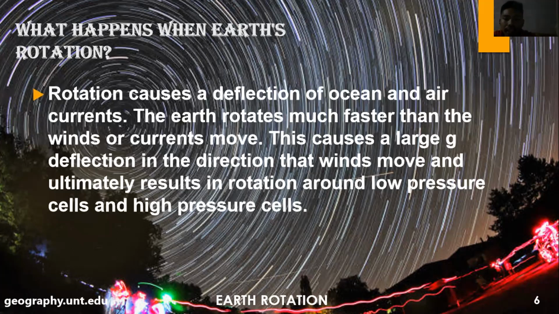This causes a large deflection in the direction that winds move and ultimately results in rotation around low pressure cells and high pressure cells. So yun na nga, yung rotate daw ng earth natin mas mabilis kesa sa hangin.